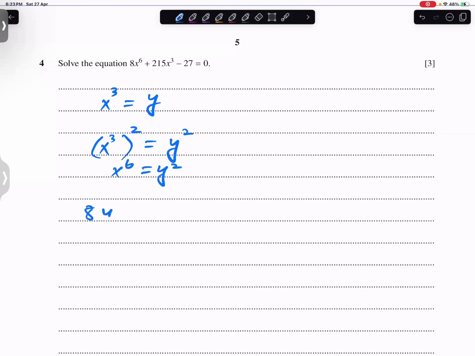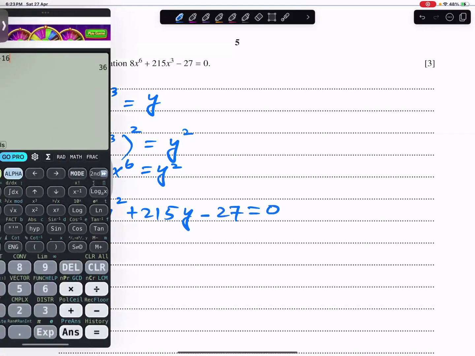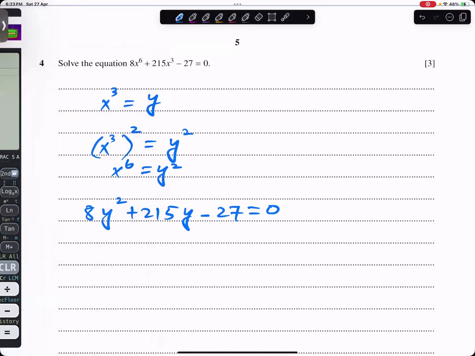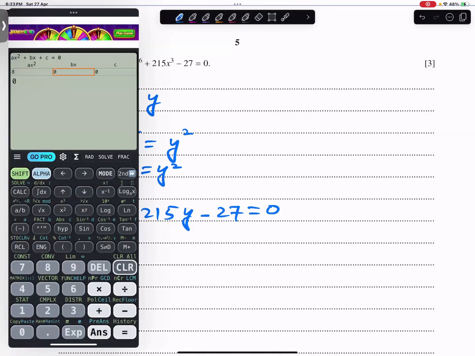So 8y square plus 215y minus 27 equal to 0. So 8, 215, minus 27. So y is equal to minus 27 and y is equal to 1 over 8.